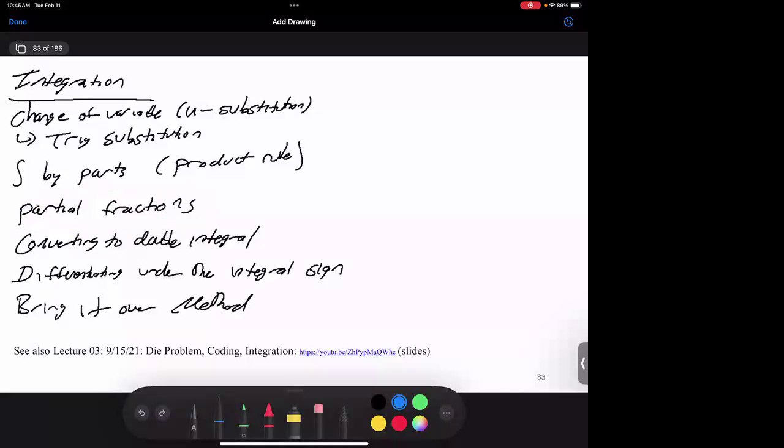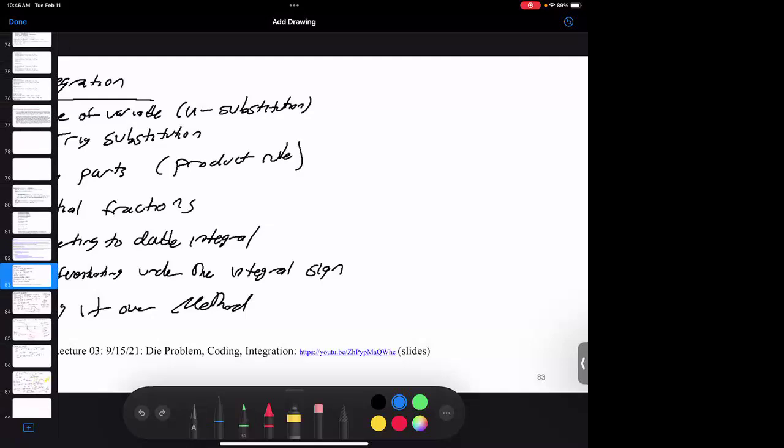We'll talk a little bit about that. That's a strange technique. Differentiating under the integral sign, that's a very powerful method. And then the bring it over method. If you want some more stuff about this, I go into a little bit more detail as well as do some of the coding in a lecture that I gave in the 2021 version of this class.